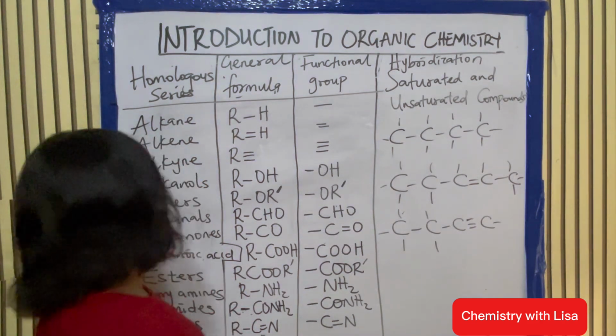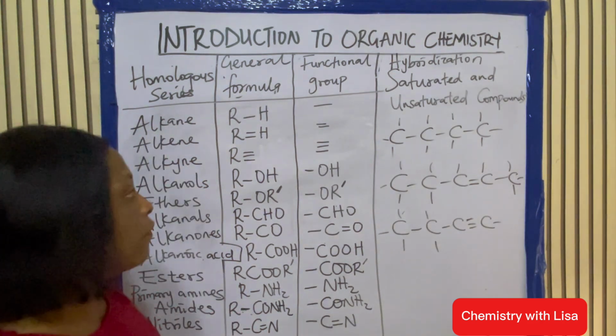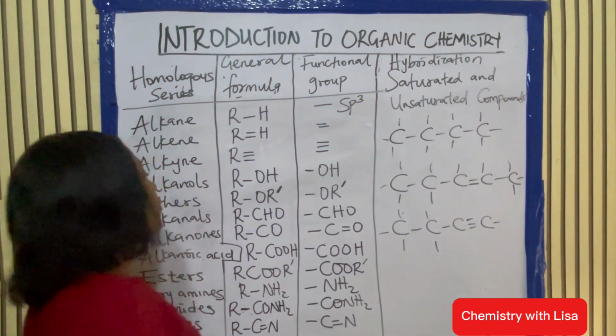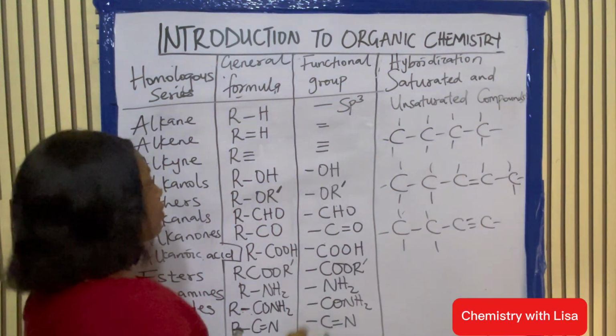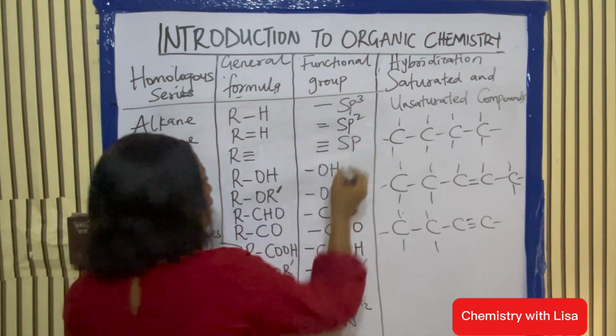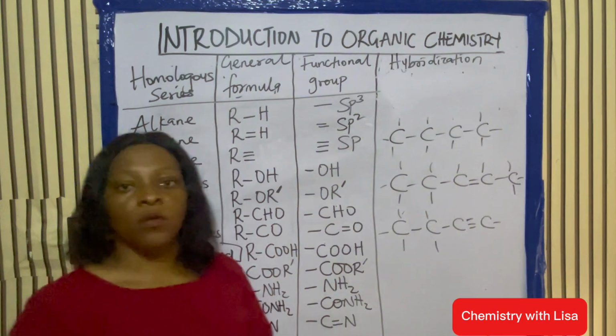Now, for the alkane family, the hybridization is sp3. The hybridization of the alkene family is sp2. And that of alkyne is sp. So we'll be ending this class.